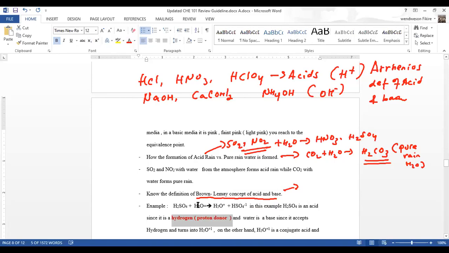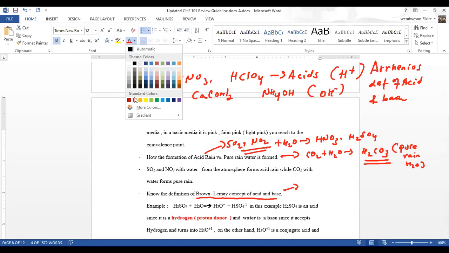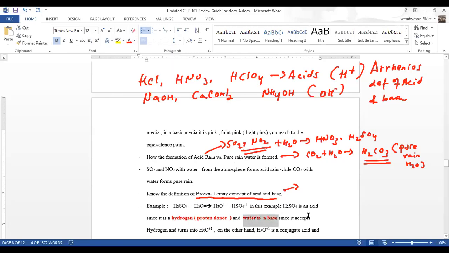Water, in this case, is considered a base. Be careful. According to the Bronsted-Lowry definition, water is a base because it accepts a hydrogen ion from sulfuric acid and turns into H3O+.